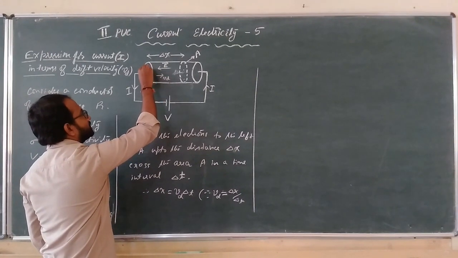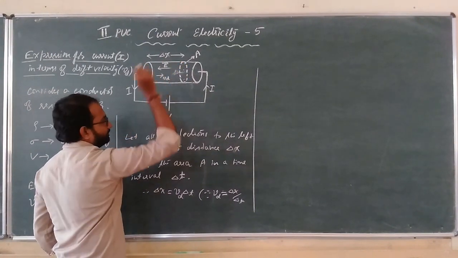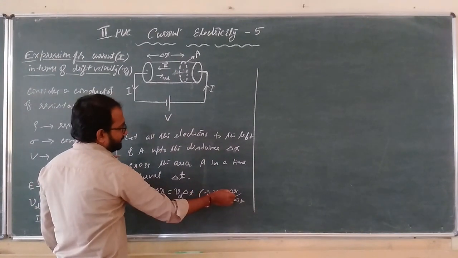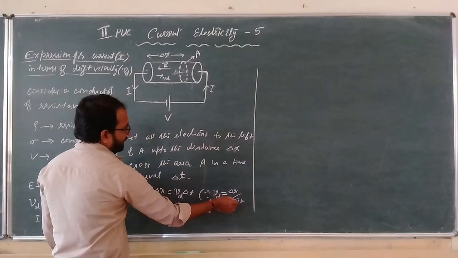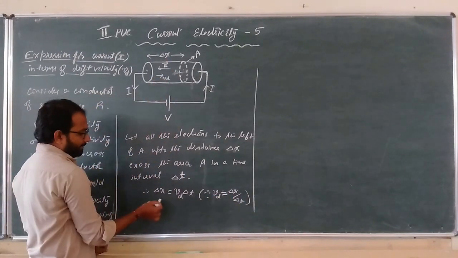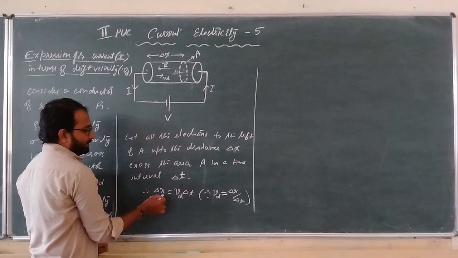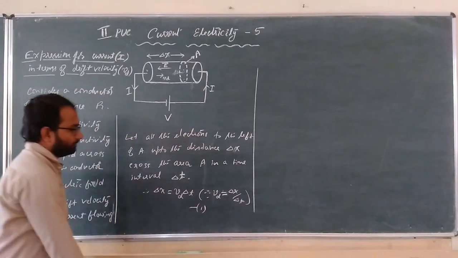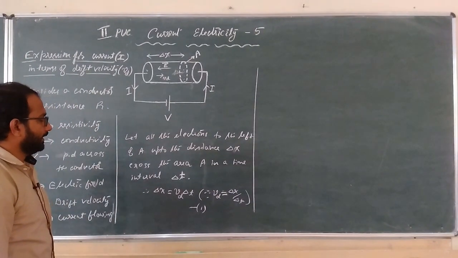Definitely this electron also reaches this end. So the distance traveled is delta x in a time interval of delta t, and delta x by delta t is the drift velocity. Therefore delta x can be written in terms of Vd as delta x is equal to Vd into delta t.